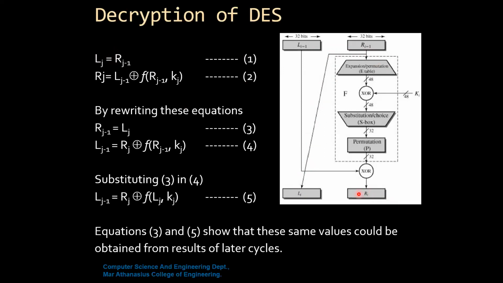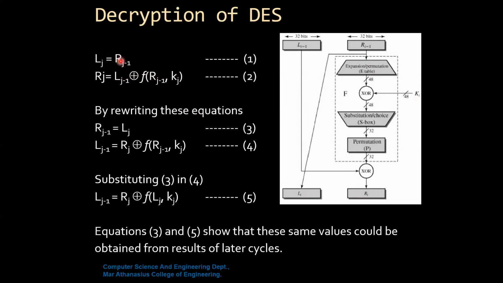And Rj is nothing but Lj-1 exclusive OR a function of Rj-1 with the subkey Kj. That is, we apply function f on the right half Rj-1 with subkey Kj, and exclusive OR with the previous left half Lj-1, which yields the new right half. So this happens during the encryption.